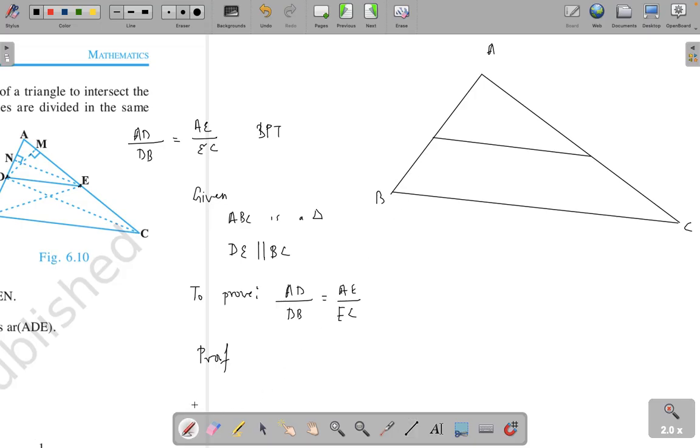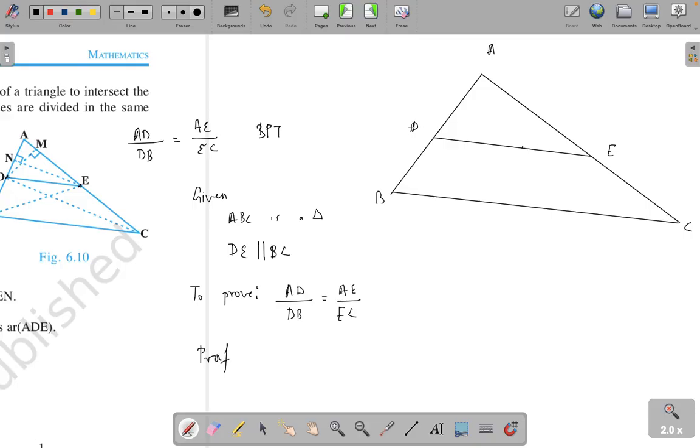This was D, right? So far, we know that this and this are parallel, not equal but parallel, right? So to prove that AD upon DB is equal to AE upon EC, what we need to do? We need to use triangle logic or areas of triangles.